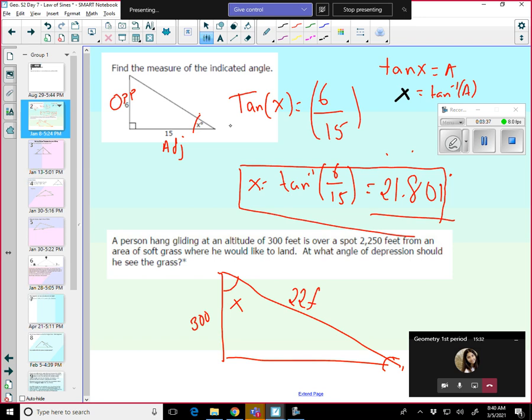They are not saying the horizontal distance, they are saying the distance from where the person is located to that of the grass where he is supposed to land. In this problem, the angle involved is here, with this as the reference angle.